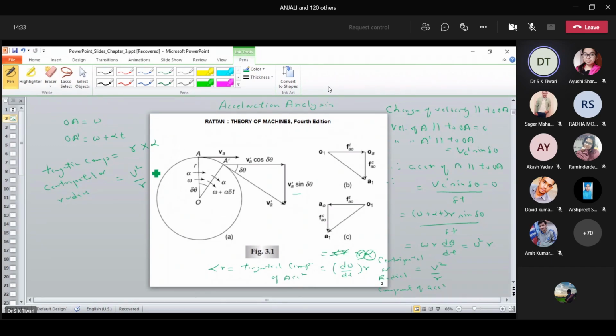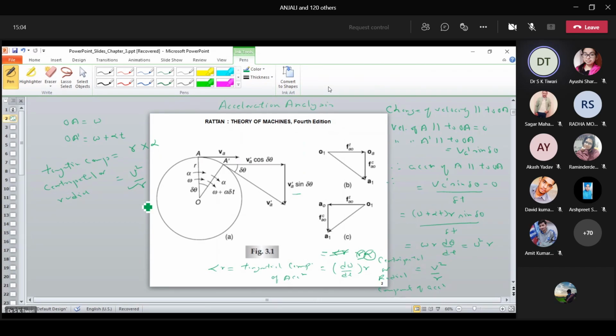From these two you will get the answer. If a link is rotating with a constant angular velocity of omega radians per second, how many components of acceleration will it have? One, sir. And that will be the centripetal or radial component of acceleration.